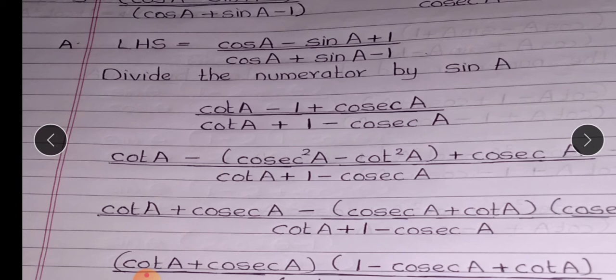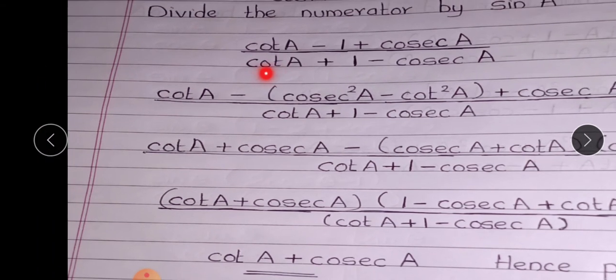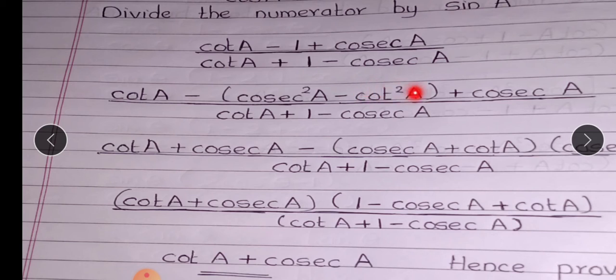Now, rearranging the expression. Cot A, this plus cosec A, I brought it here. Just rearranging, no transposing occurs, okay? Just rearrangement. Now, minus cosec square A minus cot square A.